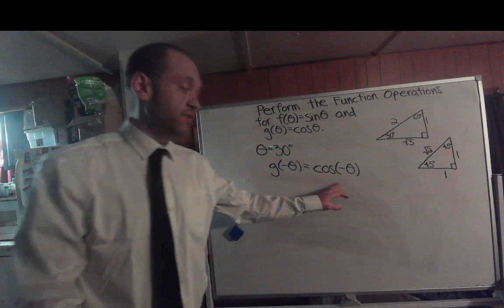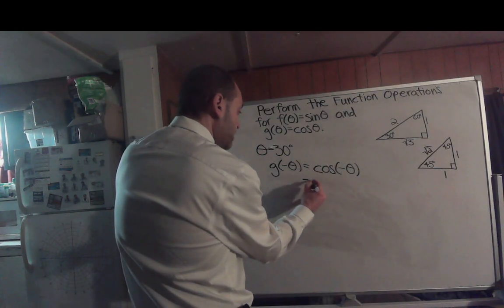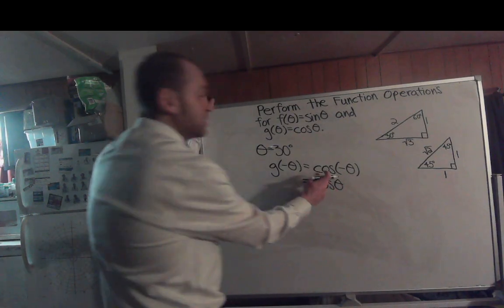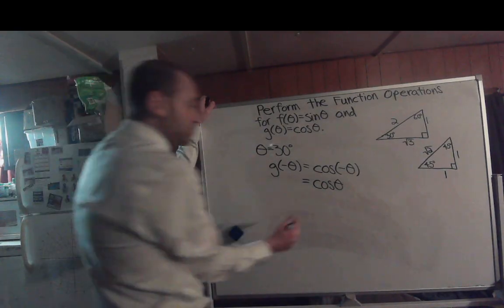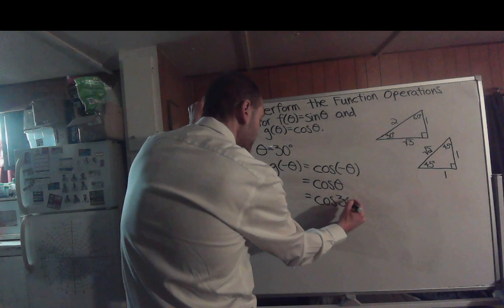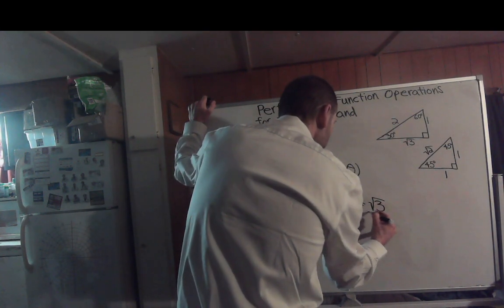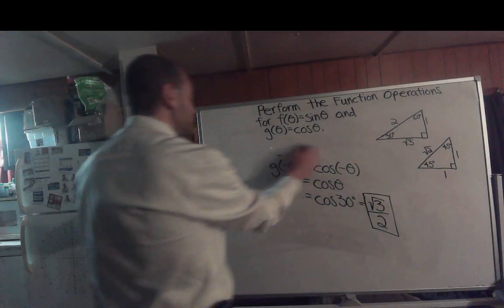Cosine's an even function, so the cosine of negative theta is actually going to be the same as the cosine of regular theta, since it's an even function. And they give you that theta is 30 degrees, so literally all you have to find is the cosine of 30 degrees, which in this case is going to be the square root of 3 over 2. So you should end up getting the square root of 3 over 2. And I got one more set of these.